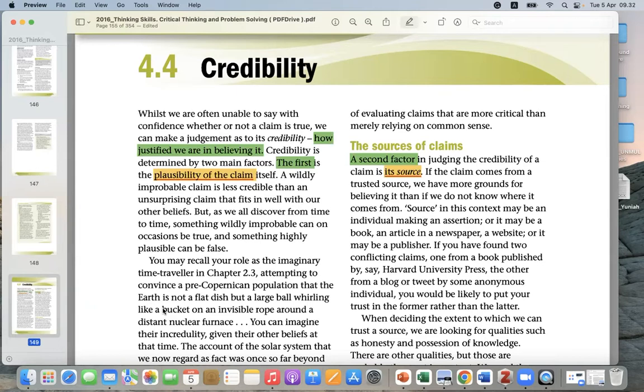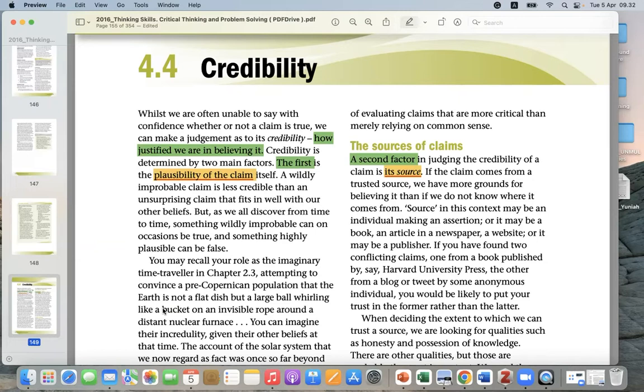The second one is the source. I mean, when you have evidence and then you say something, and you have more evidence of your claim, someone sometimes asks about the source of the things that you take for evidence. This is the source. So there are two different kinds of factors which can determine the credibility.